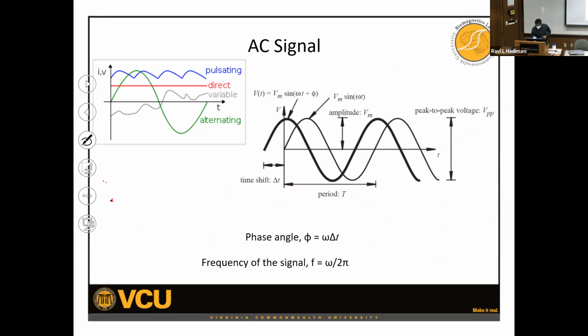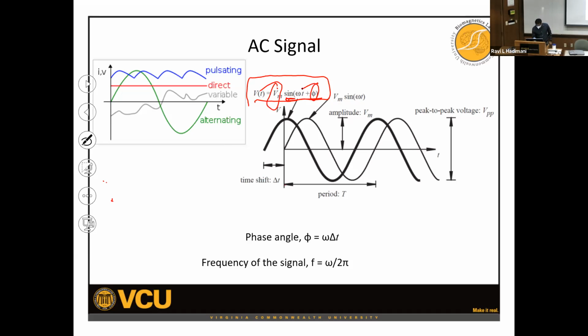So the voltage varies with time by this equation in an AC signal. So this is the amplitude of the voltage, and it varies as a sinusoidal function. Omega is the angular velocity, t is the time, and phi is the phase difference, okay?